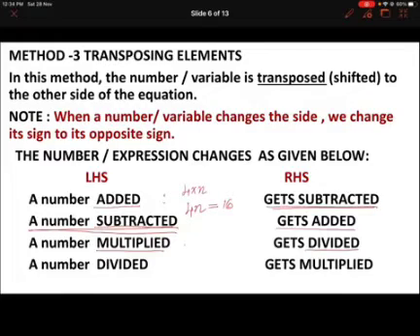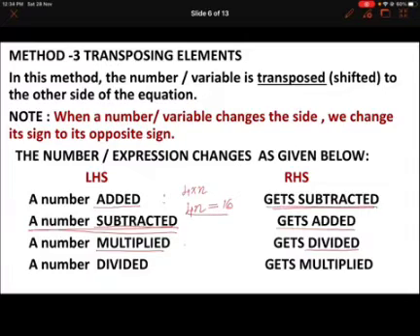Children, you all agree? So if it is the elimination method, you will divide by 4 here and divide by 4 here. Remember balance. But in transposing, the method is even simpler. How? We are just shifting 4 to RHS.